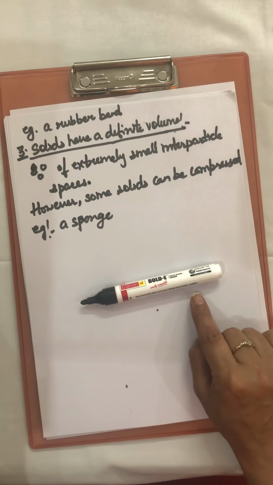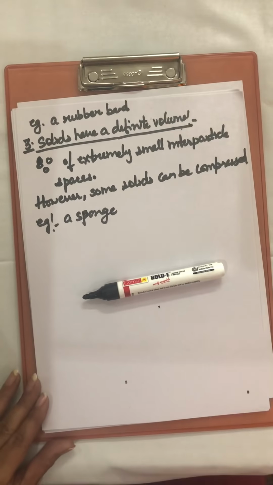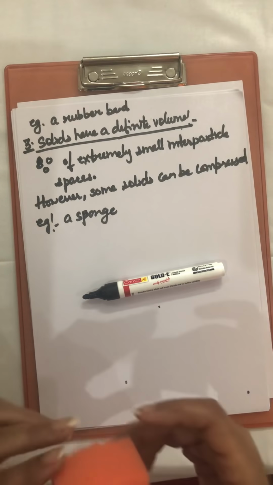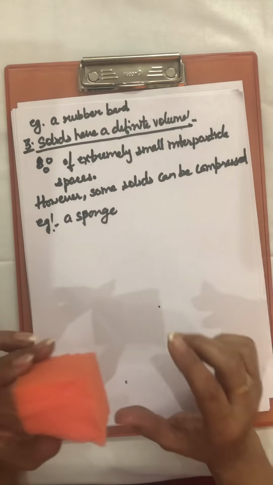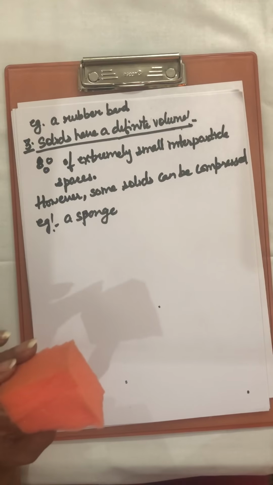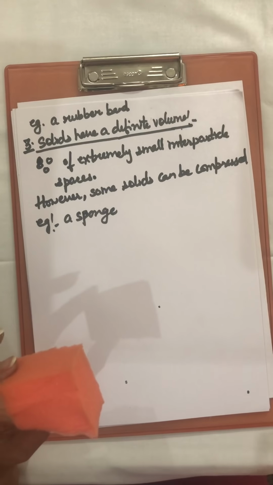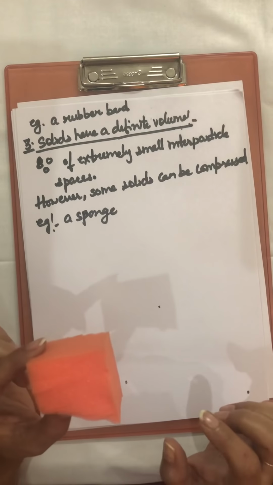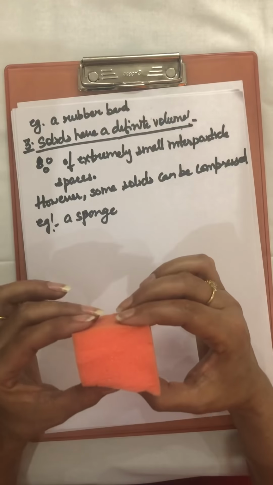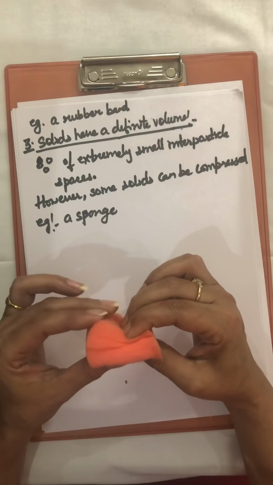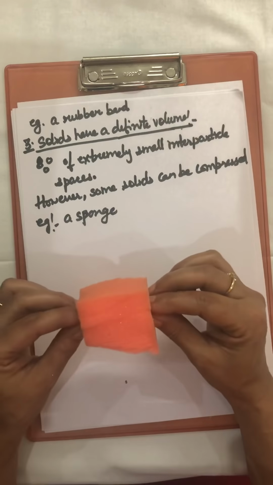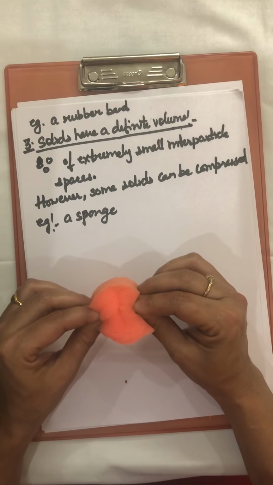But there are some solids which can be compressed. For example, this sponge. This can be compressed. This is solid, but still this can be compressed. See the shape of this? Now, I can change the shape of this sponge.